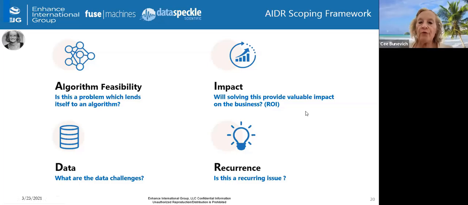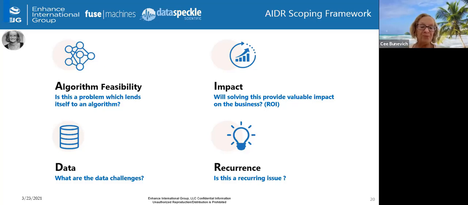The AIDR Framework is a framework that was developed by Fuse Machines CEO, Samir Maski, who is a professor at Columbia University. And we use it as a way to think about a problem and to figure out if this problem makes sense for an AI solution.